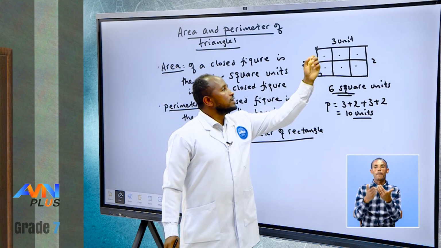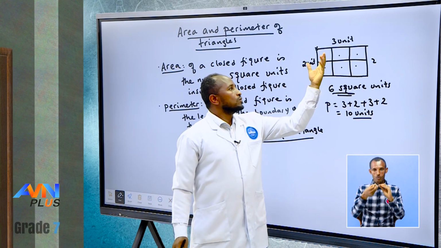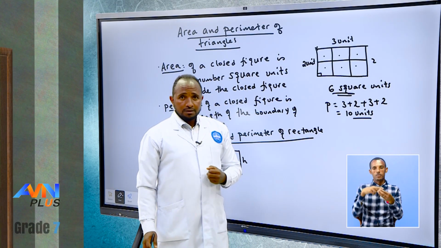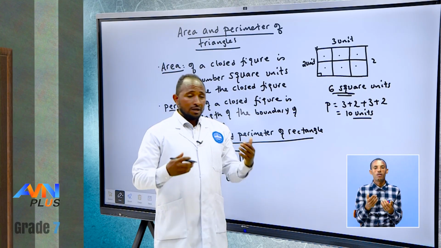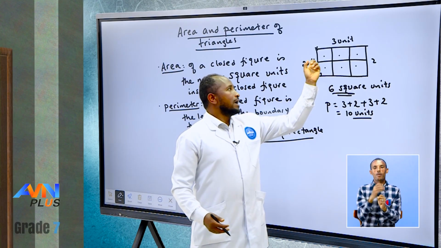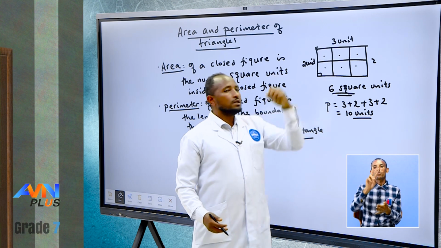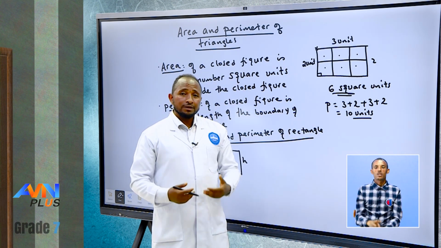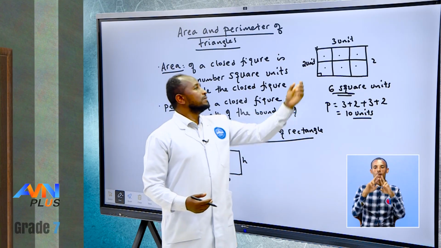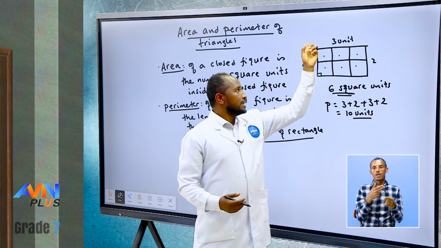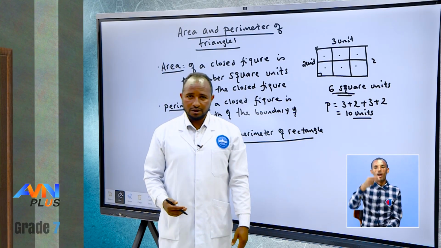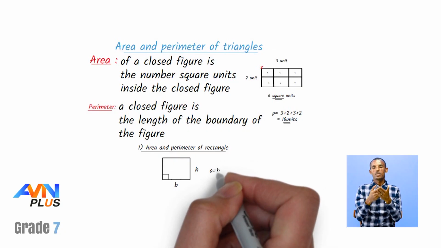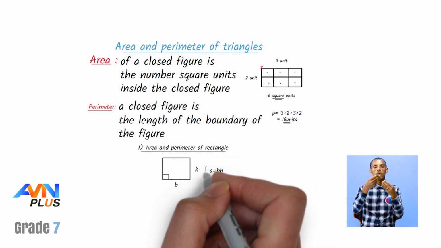Simply we can count the number of squares to find the area of this region, but you can also find it by multiplying these two. 2 times 3 gives you 6. Therefore, to calculate the area of a rectangle, you multiply the base and the height. The area of this rectangle is given by base times height.